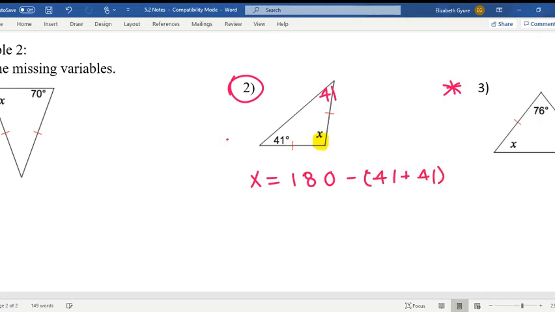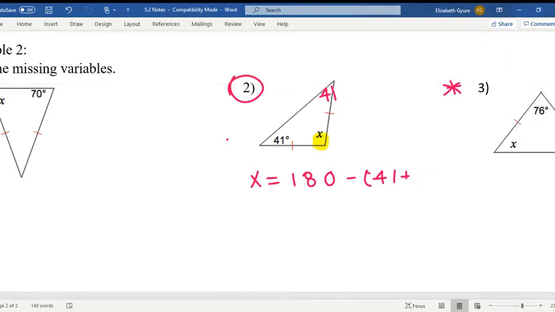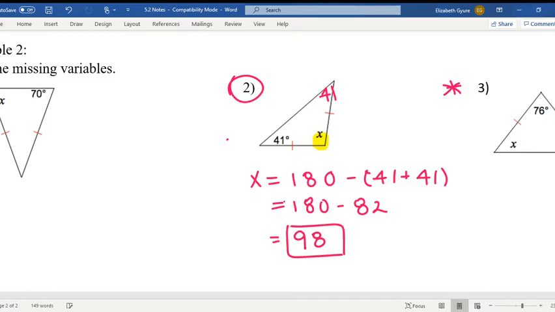If you want to do that in 2 separate steps, you are 100% welcome to. So that's going to give me 180 minus 82. And Trey, you said that was 98? Yeah, that sounds right. And at the end, you could always add them up, double check, make sure they equal 180 if you get a number you're unsure of.